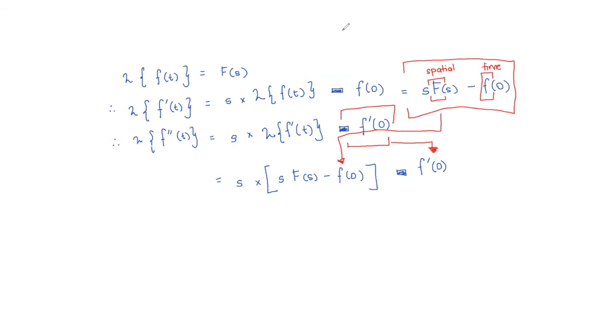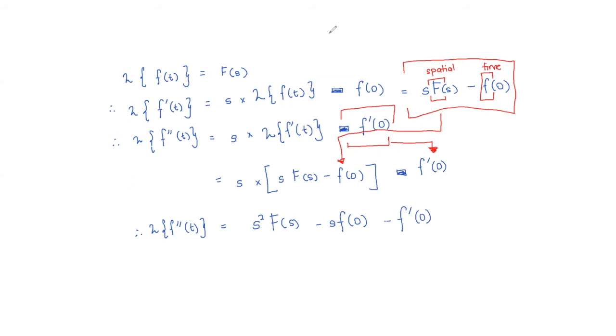So now, the whole formula we can summarize as the Laplace of the second order derivative is equivalent to s squared multiplied with the function capital F s, minus s multiplied with the function f initialized at time 0, and minus the initial value of the derivative at time 0.